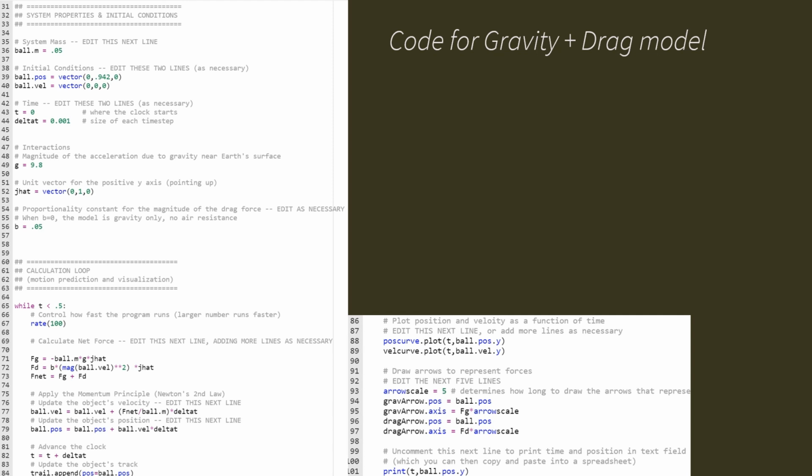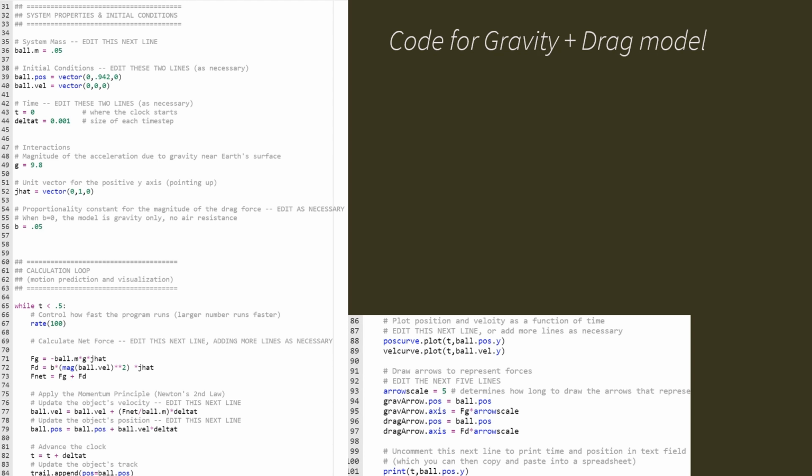And then in my code, I set Fg equal to the mass of the ball times g times negative j hat, and the drag force was equal to b, which is that constant, times the magnitude of the ball's velocity squared times positive j hat, and then the net force was equal to the gravitational force and the drag force.